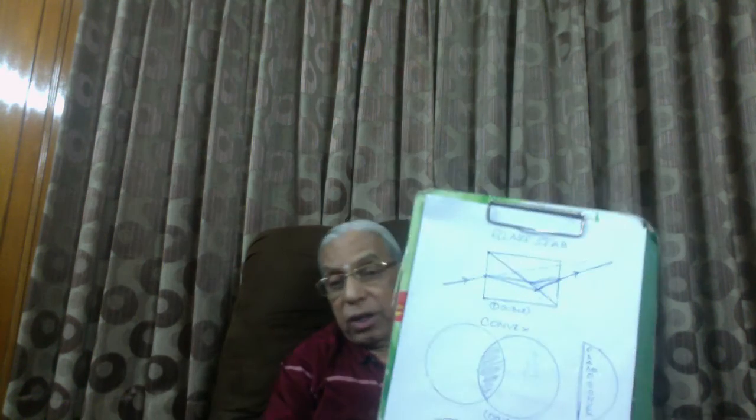Now, a glass slab may be considered to be made up of two identical prisms with one of the prisms kept inverted, as I show in the figure here.